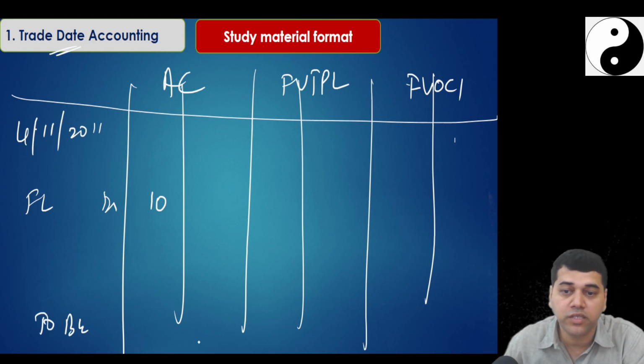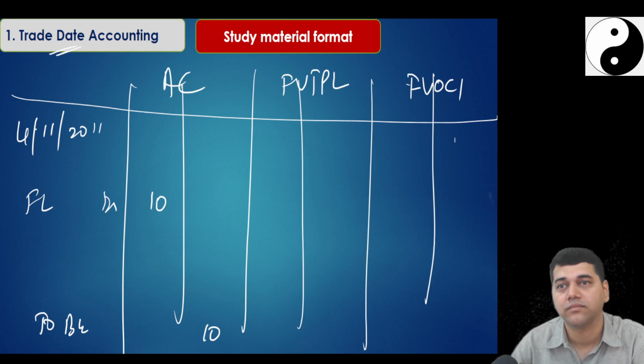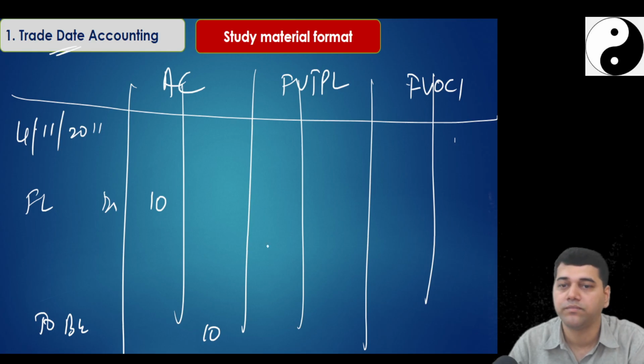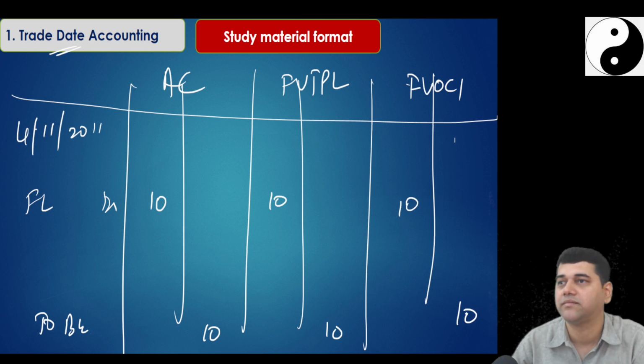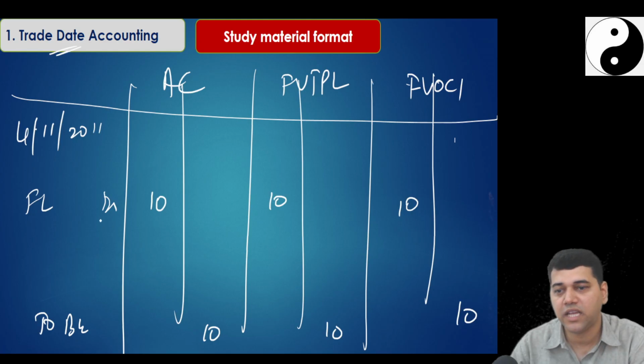How much? 10. So financial liability to bank, because in all three instances you will always debit financial liability and credit the bank.